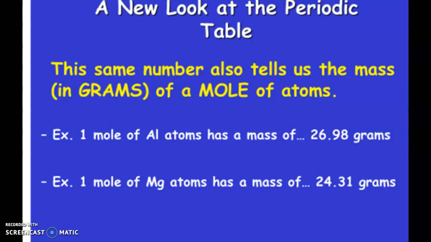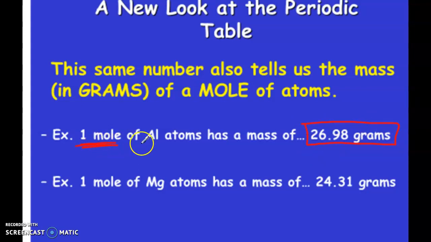So what does that mean? What does that value represent? If you were to take 1 mole of those atoms, the mass in grams would be equal to the mass on the periodic table.